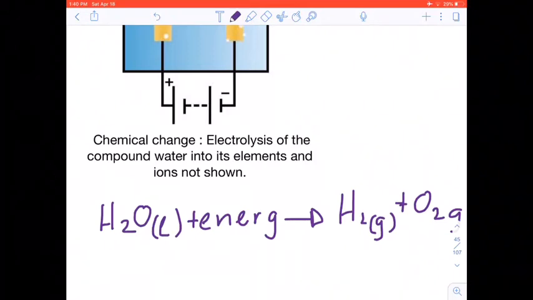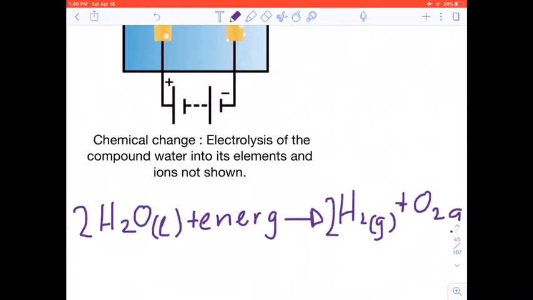And if we look at the equation and see if it's balanced, we find that it is not balanced. So what have we got? We got 2 hydrogens on the left, we got 2 hydrogens on the right, right? So if you want to balance it, we have to have 2 hydrogens there, which gives us 4 hydrogens on the left, and which gives us on the right only 2.